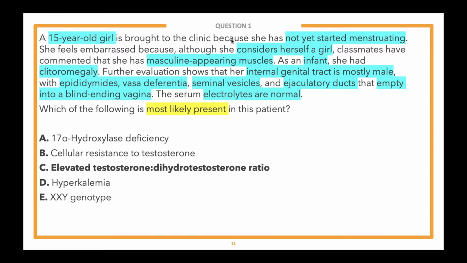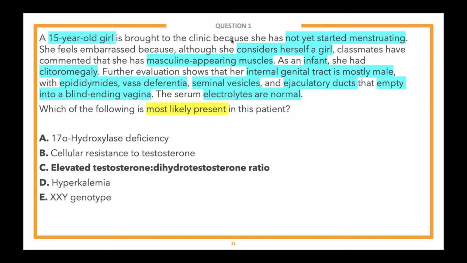We also know that there is virilized external genitalia, because they said that as an infant she had clitoromegaly, okay? We also know that this patient has other features of male development, specifically the masculine appearing muscles around puberty, okay? So it's fair to say that this patient has a genotype of XY, okay?